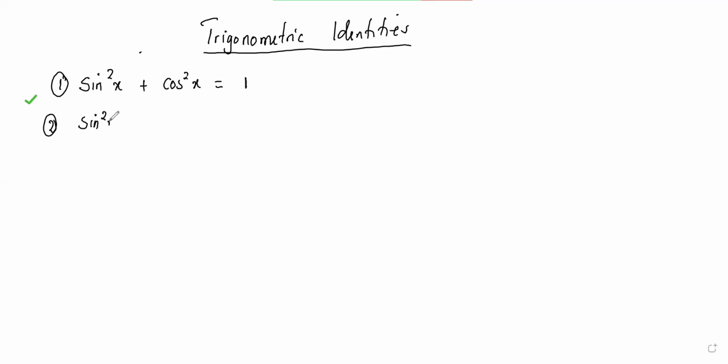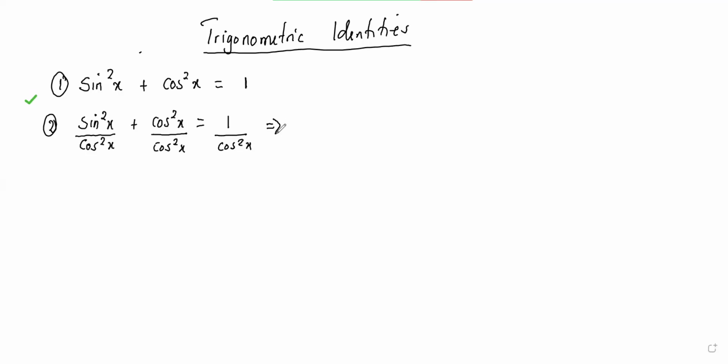So look at this. If I divide this whole thing by cos squared, I divide by cos squared, we are getting another identity.